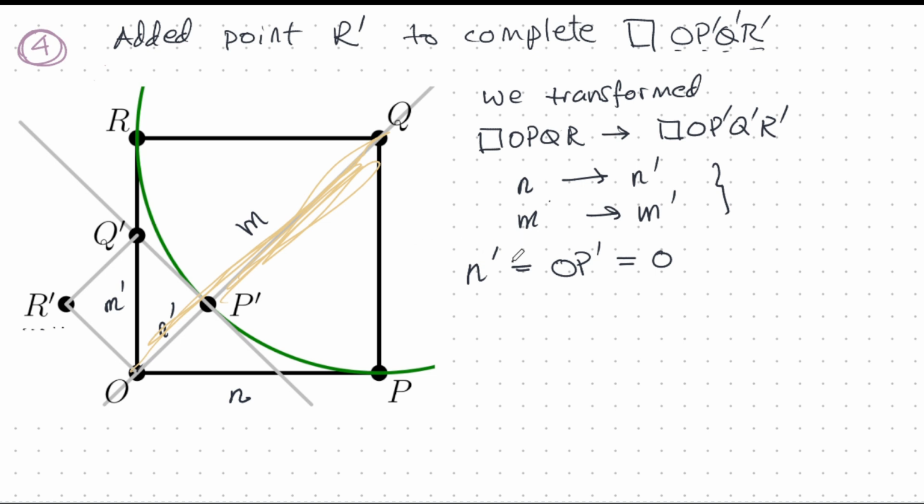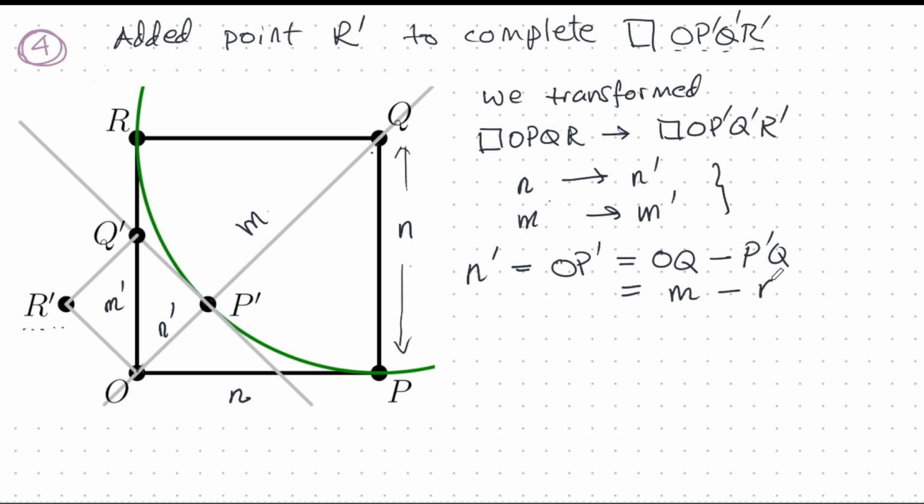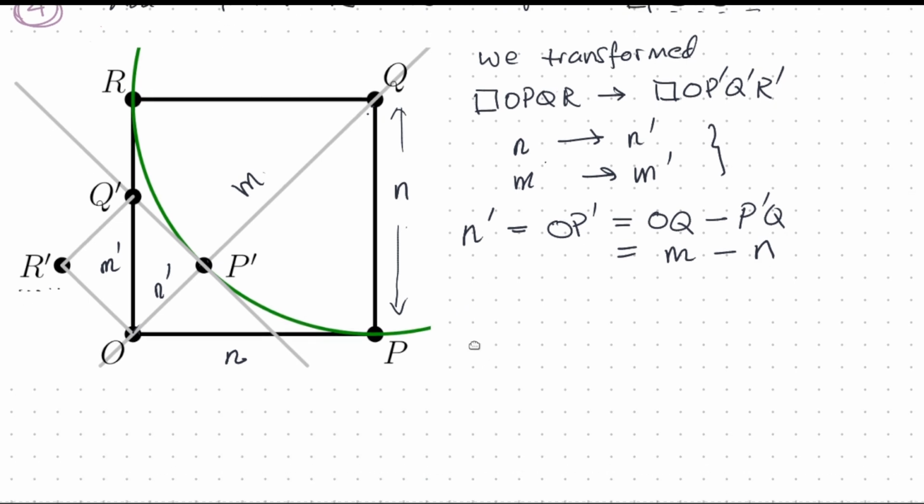That's OQ minus P prime Q. And this is easy to figure out. Now, OQ is m, and P prime Q is a radius, so it's the same as this here. This is also a radius, that's n. So there we go. We've got the first transformation done.